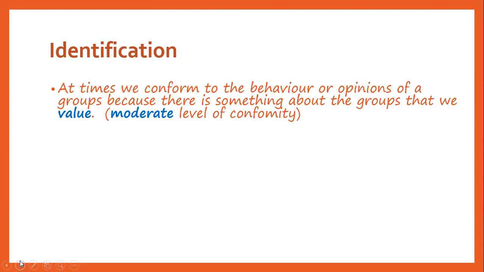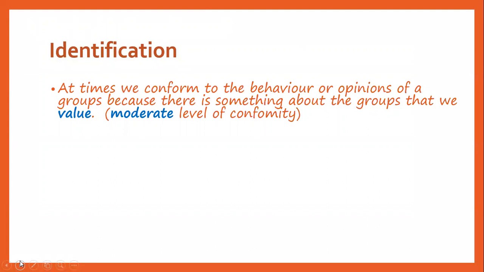Now, our second type of conformity is identification. Identification is, and I'll just read what I've written here: at times we conform to the behavior or opinion of a group because there is something about that group we value. So this is a moderate level of conformity. There's something that we value, we can associate ourselves with, we can identify ourselves.